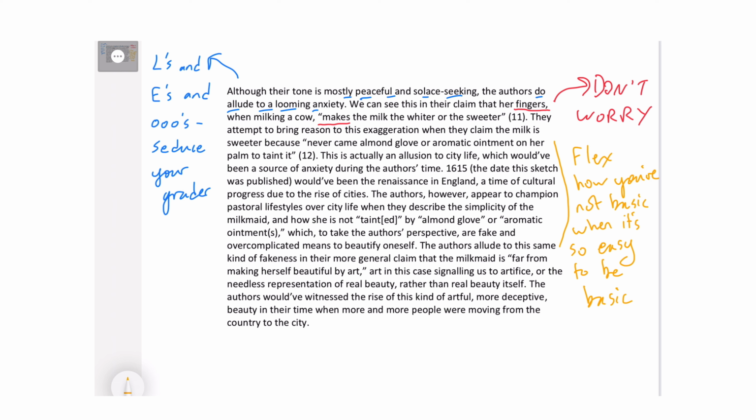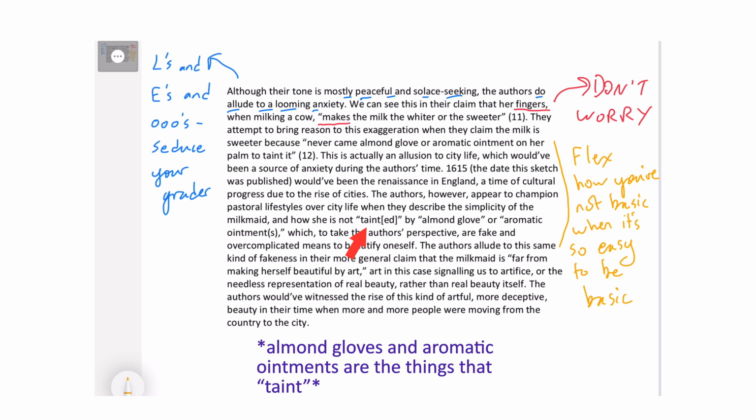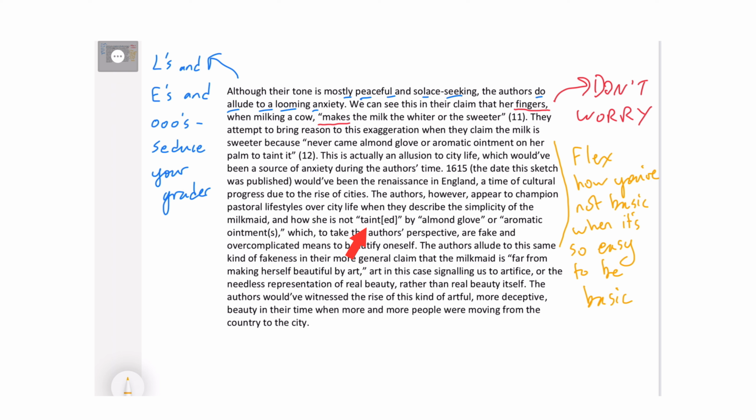So, in this case, I focused a bit more on the word tainting. How it's the idea that, yes, they are alluding to city life and how they don't like it, but they are also describing how it is a thing that taints the pastoral. And this is all tied into that broader text detail thing, the year 1615, the Renaissance in England. That's one thing I wanted to talk about there.